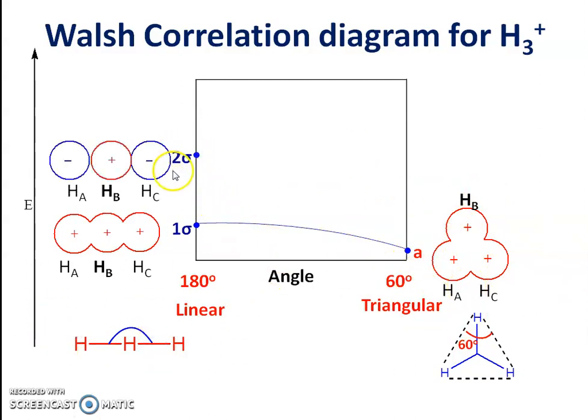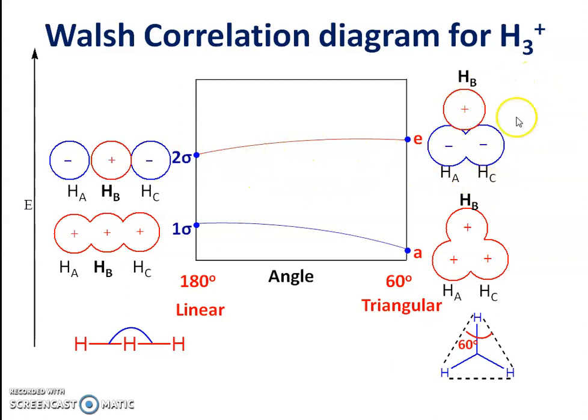Now consider the 2 sigma orbital. This is the non-bonding orbital. It has slightly higher energy, and this is the energy when the molecule is considered linear. Now in triangular geometry, this 2 sigma becomes E, and this is the overlapping diagram.